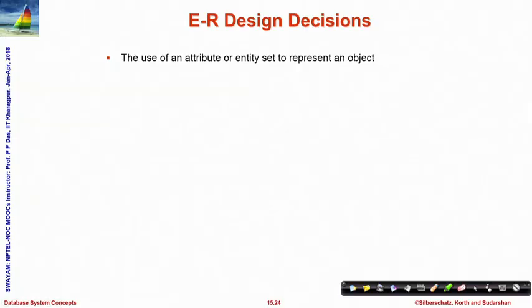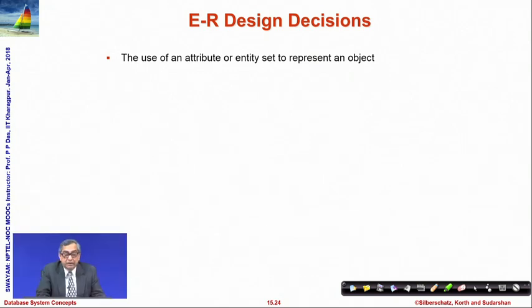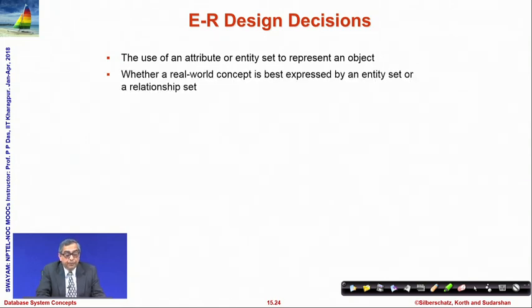So, if we summarize the discussions on the ER design decisions, we see that the first decision that we need to take in case of design is the use of an attribute or entity set to represent the object. So, that is the first modeling: what is the concept and what are the attributes or the representing entity set for the object that we are trying to deal with, instructor, student, project and so on.